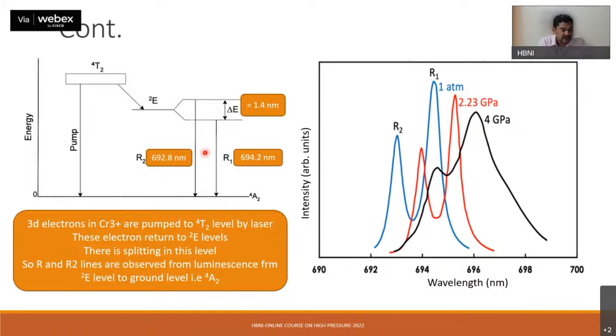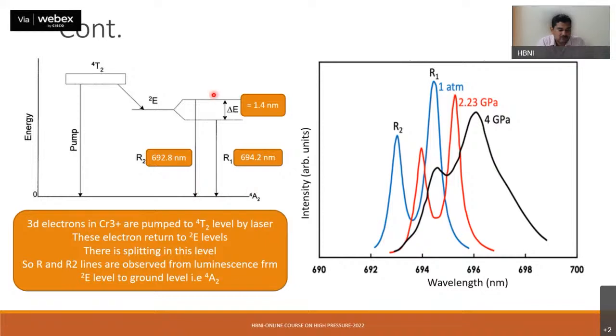When you pump these 3d electrons of chromium 3+ using a suitable laser excitation, like 532 nanometer or 633 nanometer, these 3d electrons go into the 4T2 electronic levels, and after some time they fall into the 2E state. This E state, which was degenerate, splits due to the crystal field splitting, and then these electrons go to the ground state, 4A2.